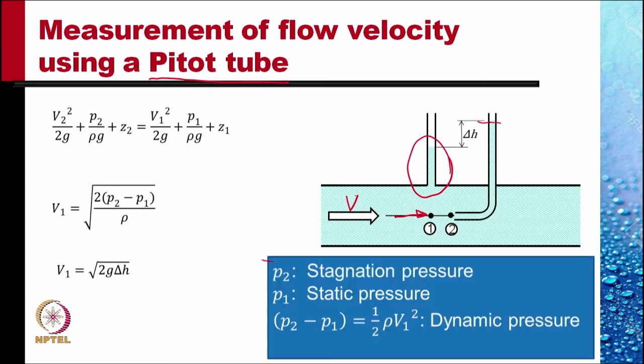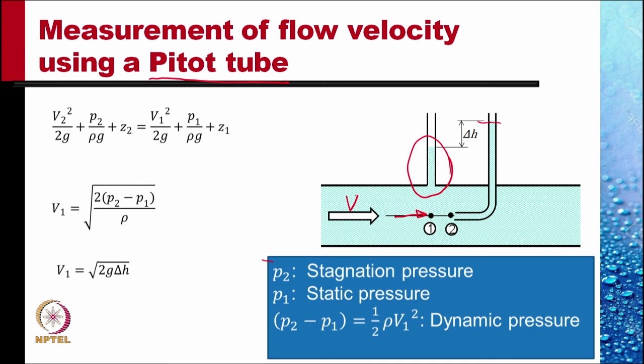There are special names given to these pressures. P1 is named the static pressure. P2 is named the stagnation pressure, because this is the pressure where the flow has come to rest. The flow taking place along the streamline 1 to 2 has come to rest at point 2, is stagnating at point 2.